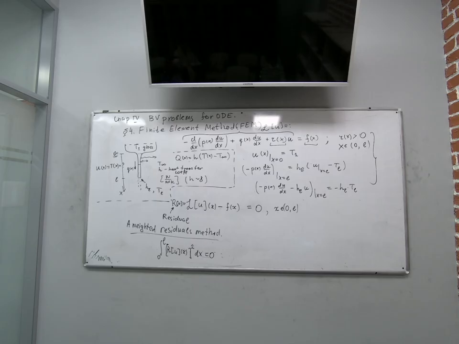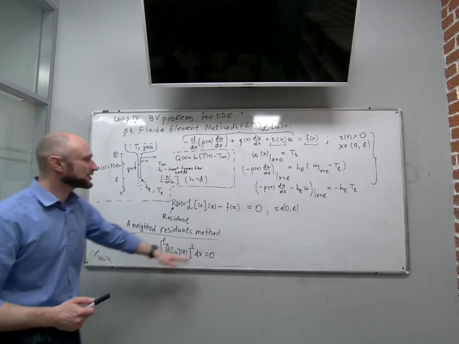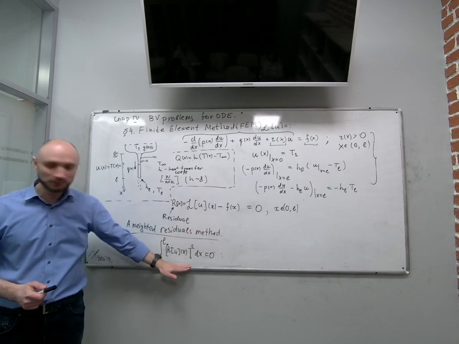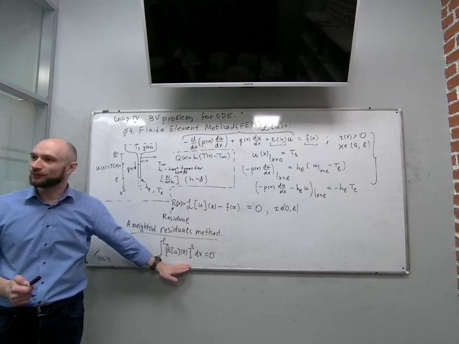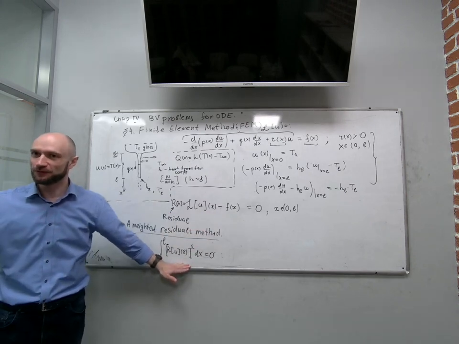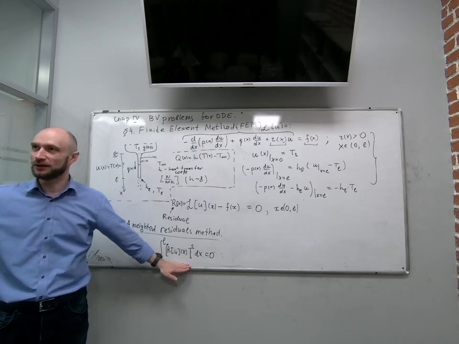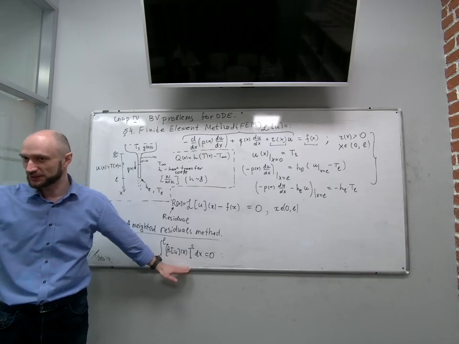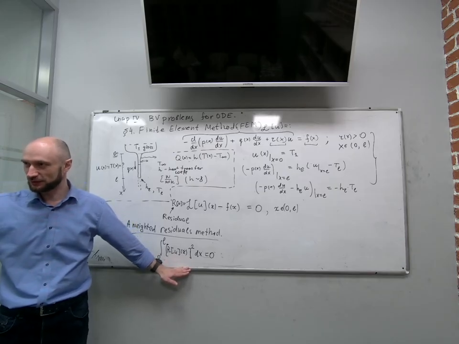Countable means that we can count the number of these points where it is not zero, right? So it is approximately the same as this condition, but a little bit weaker. We allow for the function r of u of x to depart from zero in a countable number of points if we request this. Do you agree? Okay.